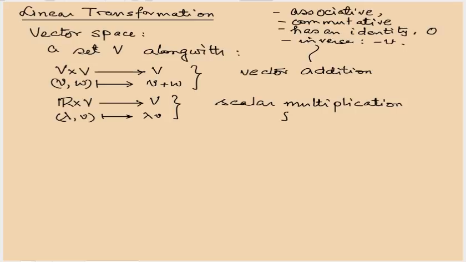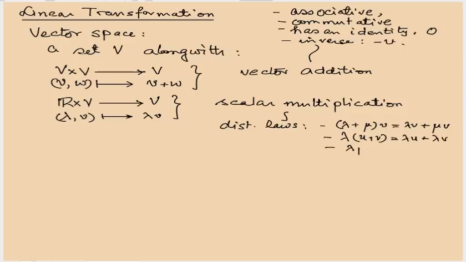The scalar multiplication has some distributive laws. The addition of scalars distributes. The scalar multiplication distributes over the addition of vectors.